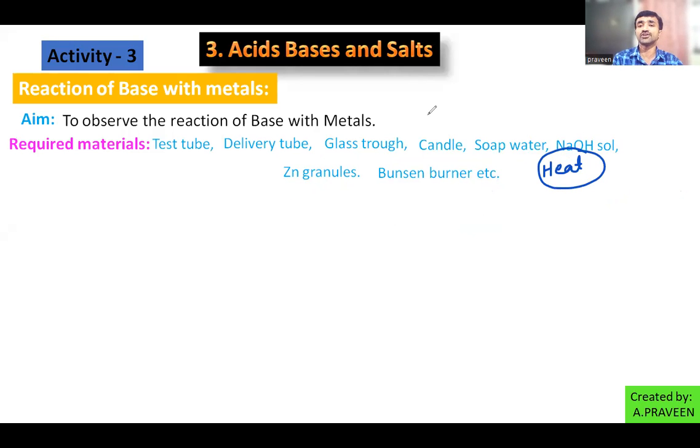So that is the reason to collect a special material here, the Bunsen burner, to provide the heat energy, right? So this is the reason. Okay. Now, how to arrange that and how to connect this, I will explain both at a time.